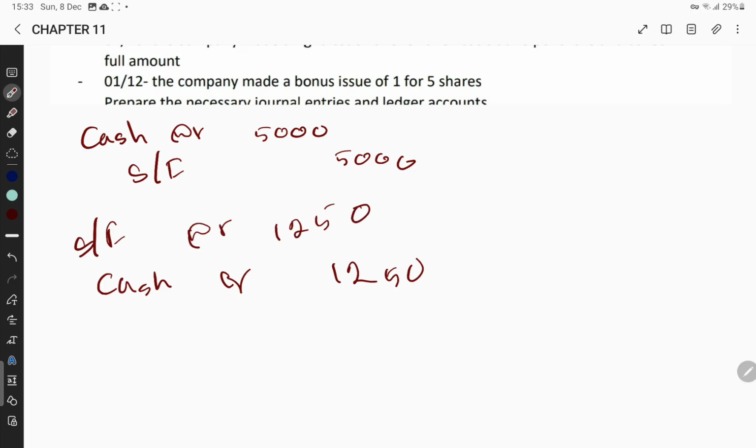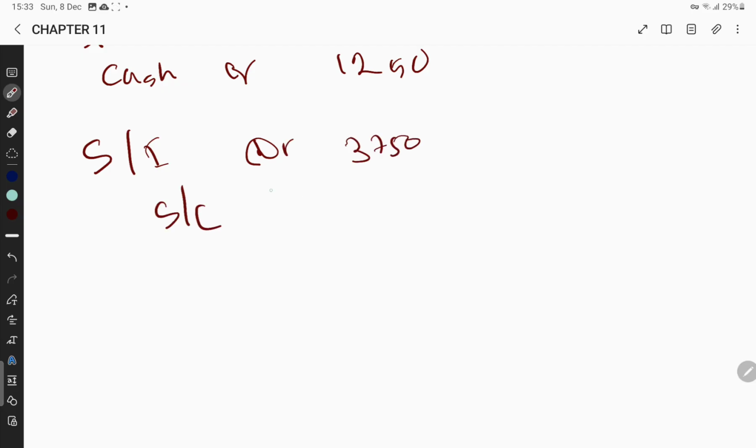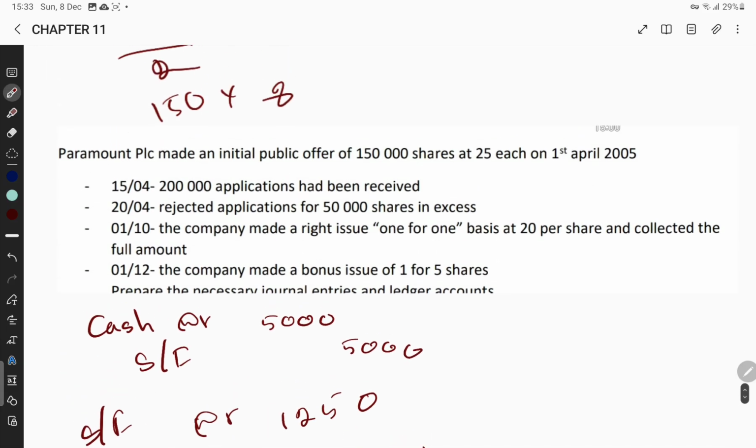So the remaining shares, that is 5,000 minus 1,250, that is 3,750, we are going to allot. So the shares that we are going to allot, share issue account will get debited 3,750 and stated capital will get credited 3,750. Okay.